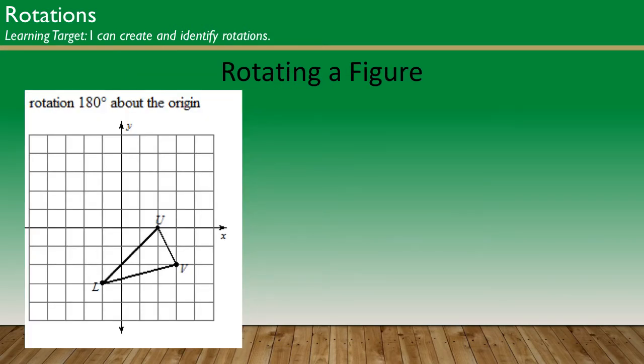So in this example, we want to rotate the figure 180 degrees around the origin. We're going to assume that this is counterclockwise, and since we're going 180 degrees, that means that we are going to move 2 quadrants.